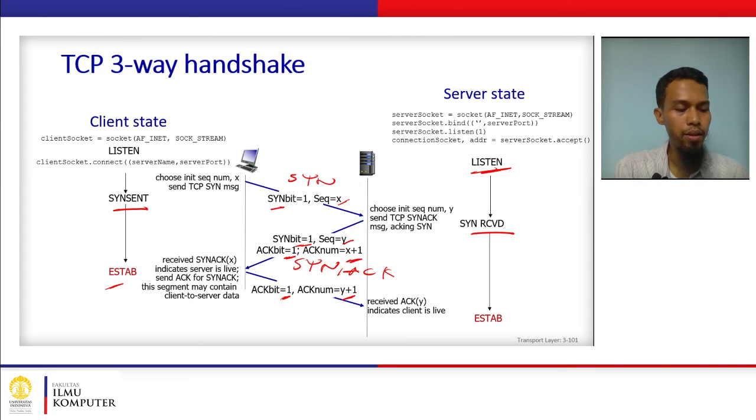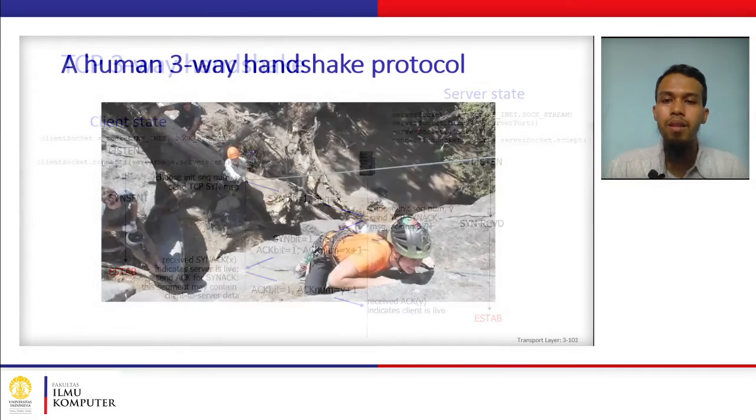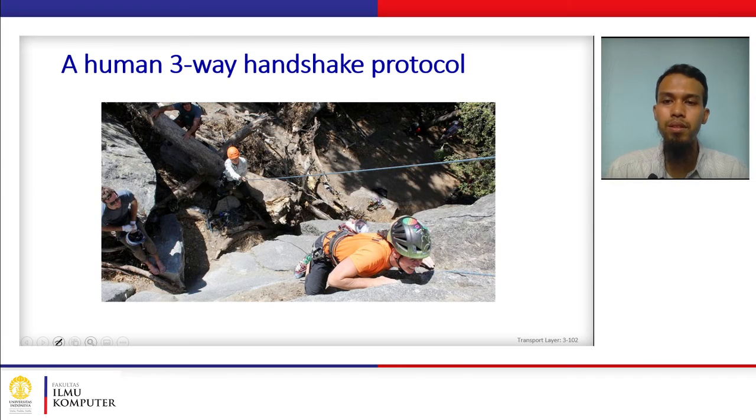Now we have the server state also established. So now at this point, both server and client can start performing some message exchanges. Okay, this is the three-way handshake protocol.